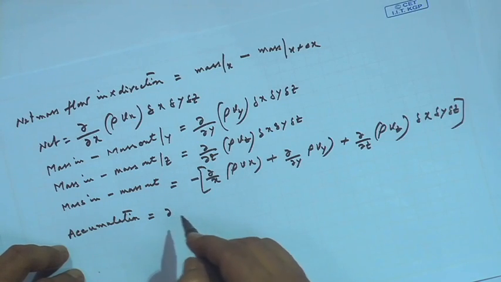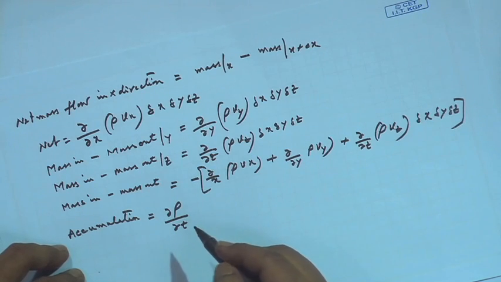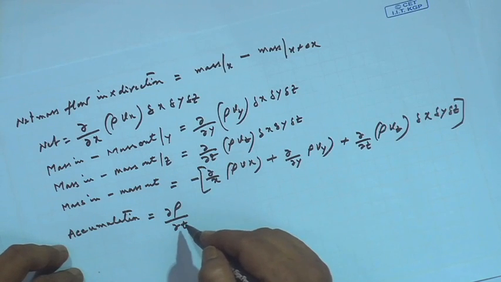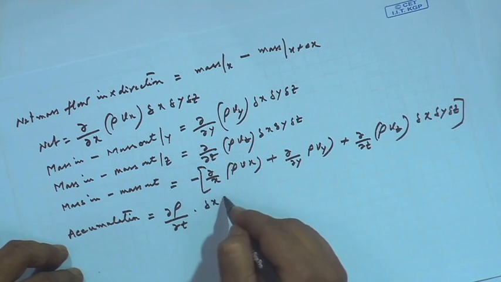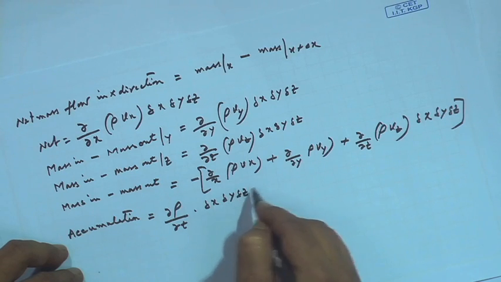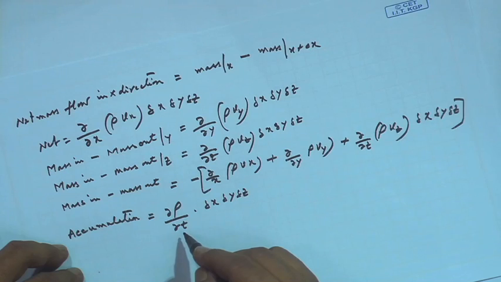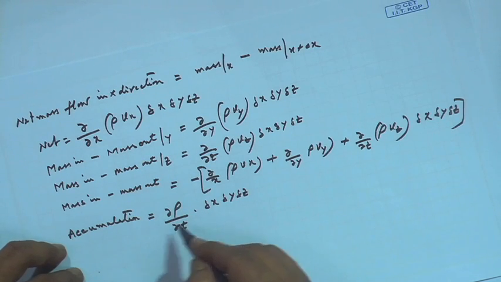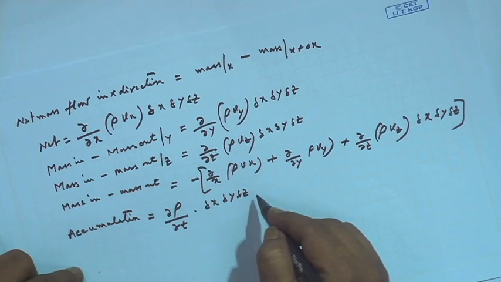Mathematically, we can write ∂/∂t of ρ times ∂x ∂y ∂z. This is the volume element, so kg per meter cube per unit time into meter cube, that is kg per second. So, this is the accumulation.